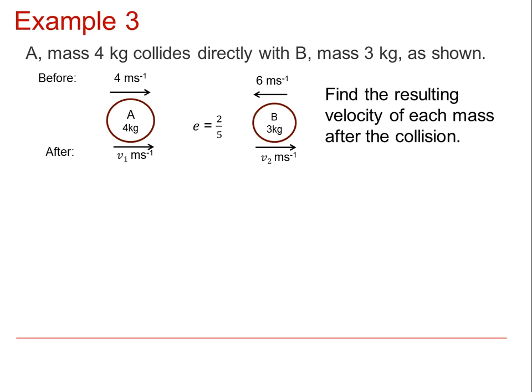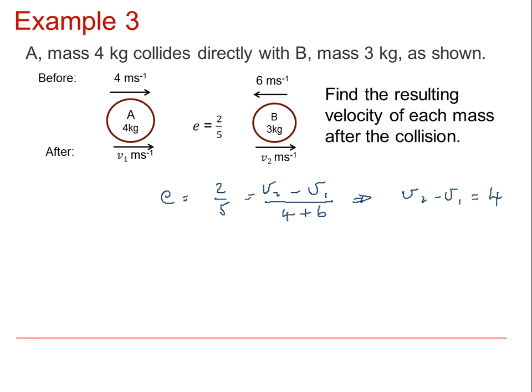For E, which is 2 over 5, the speed of separation is v2 minus v1, divided by the speed of approach, as they're coming together at a total of 4 plus 6. Multiplying by 10, v2 minus v1 must be equal to 4. So that's Newton's law of restitution.